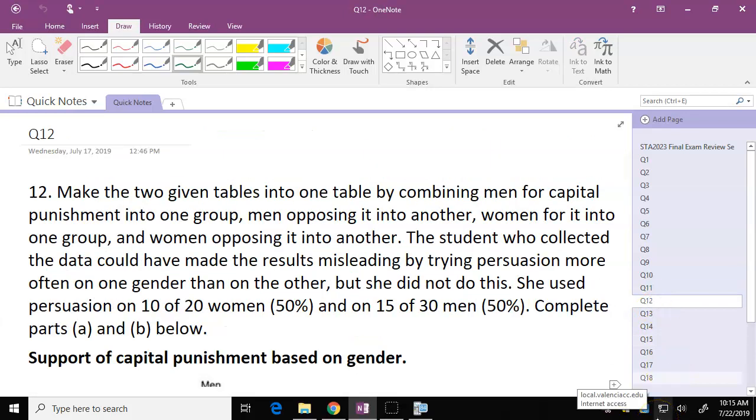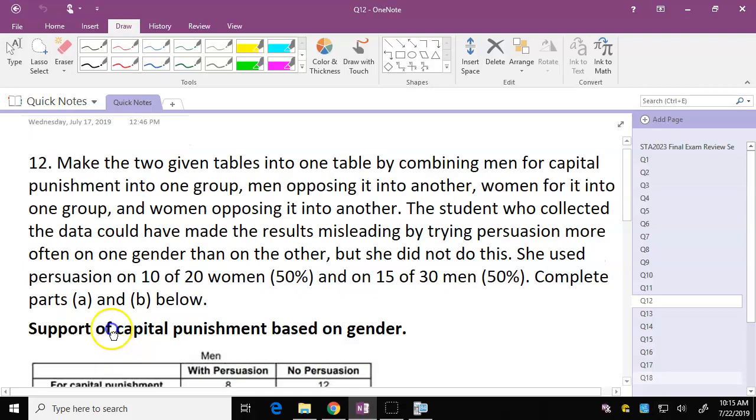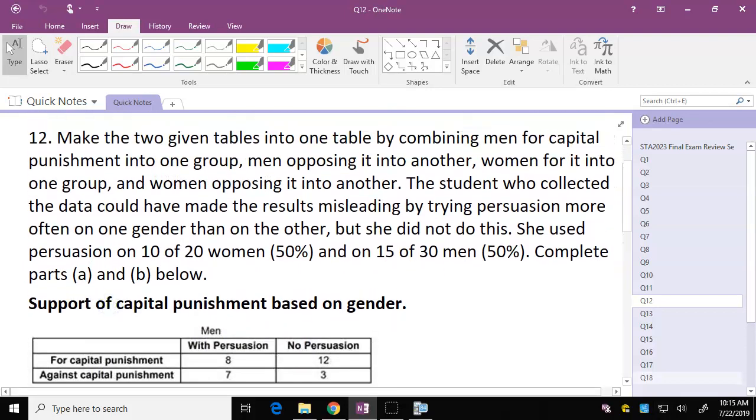All right, number 12. Number 12 is coming to us straight from 8.4. All right, so it says make the two given tables into one table by combining men for capital punishment into one group, men opposing it into another, women for it into one group and women opposing it into another.